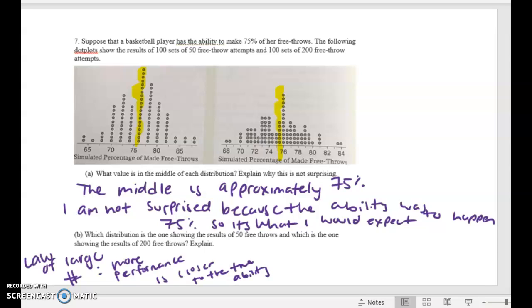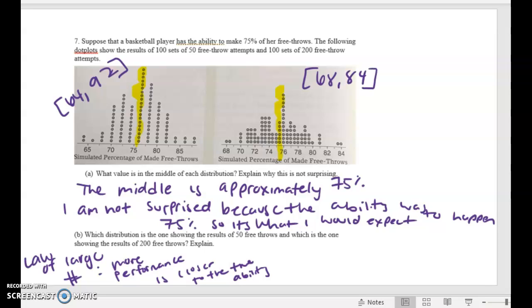Which means as I introduce more and more samples, I should get closer and closer to a certain number. So if I'm comparing these two dot plots, this one on the left goes from like 64 to let's say 92. Okay, that's an approximate answer again. So 64 to 92, but this one goes from like 68 to 84.